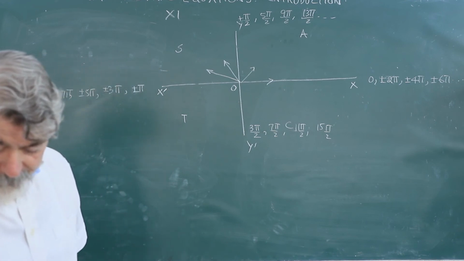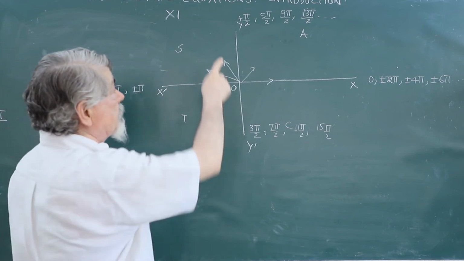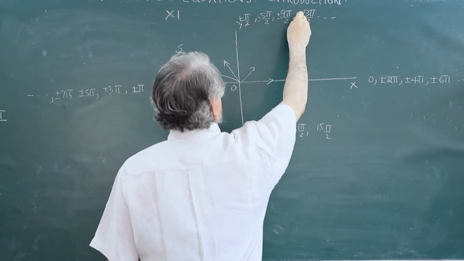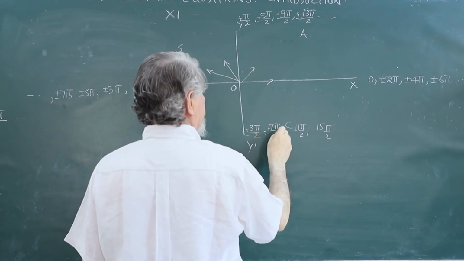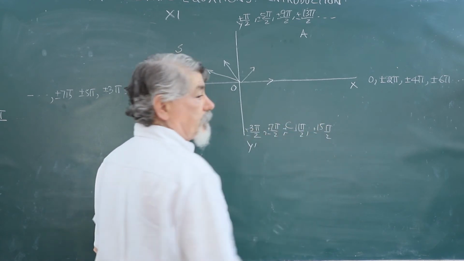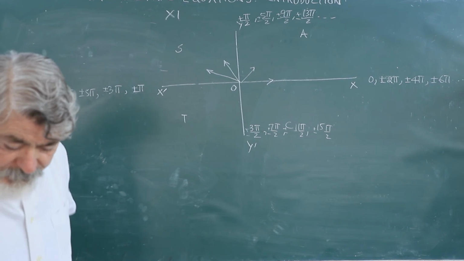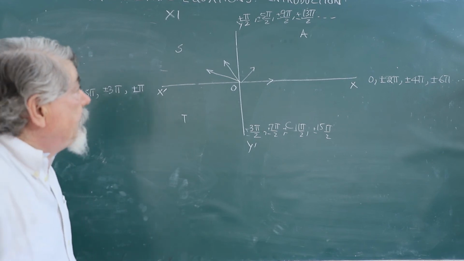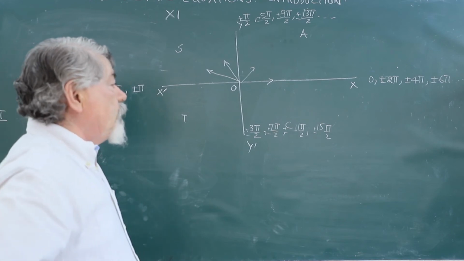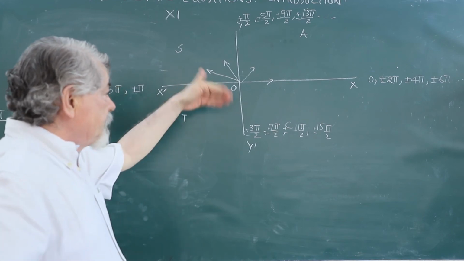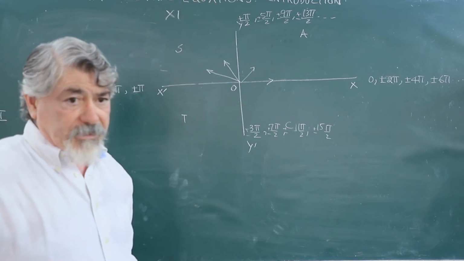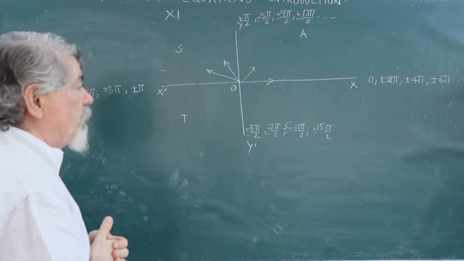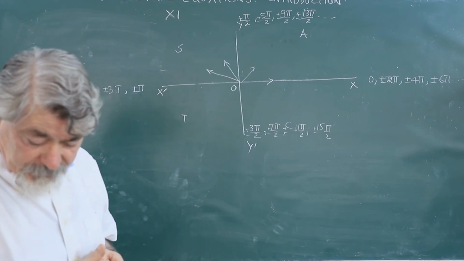Here also plus minus, and here also plus minus. Depending on where we are starting from and how we are moving, from this side to that side, we get plus or minus values.